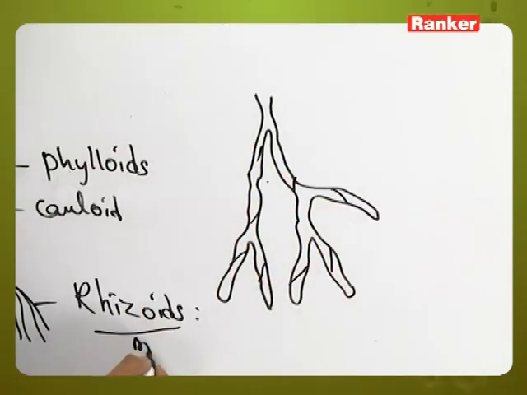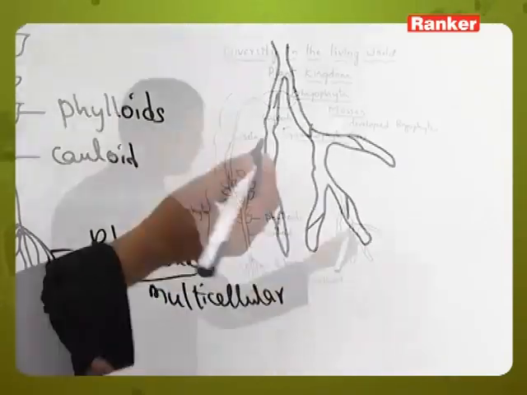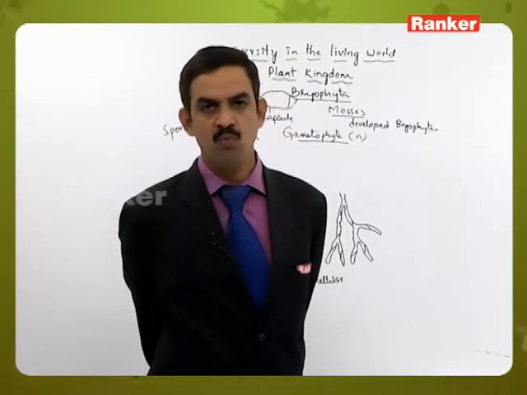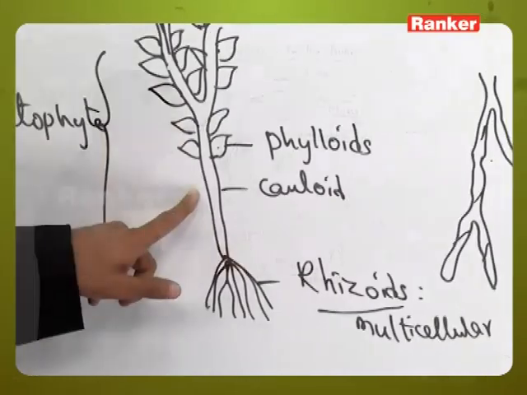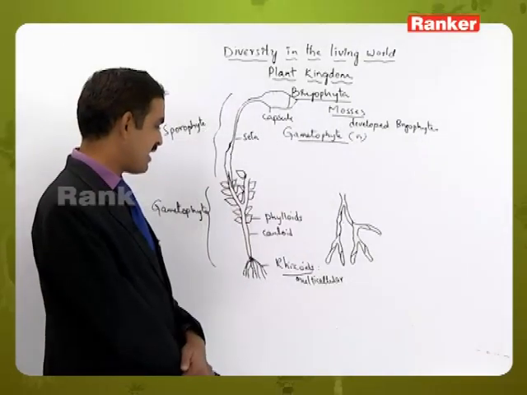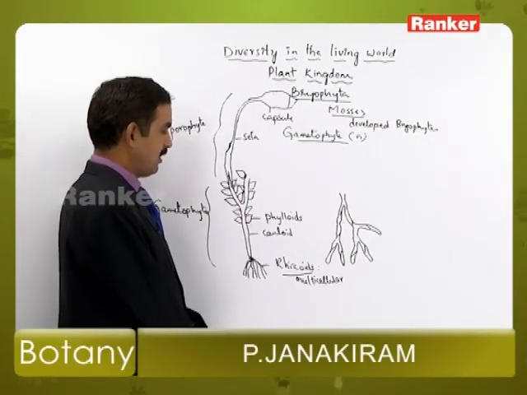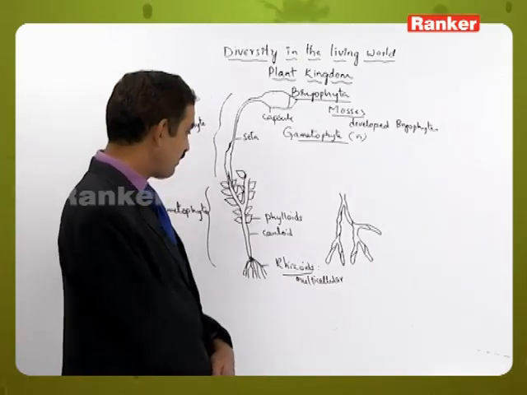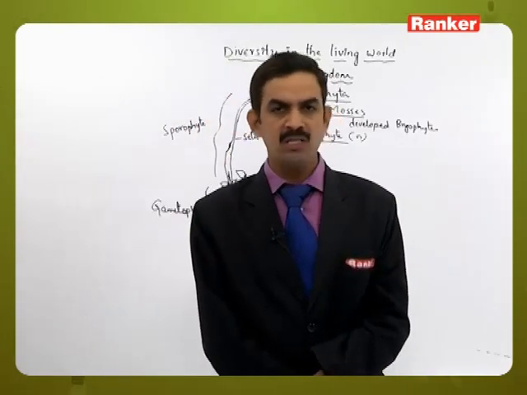That is, rhizoids are multicellular, darkly colored, and useful for absorption of nutrients and water required by the plants. Then generally the cauloid will be aerial and green in color, which produces branches and leaves. The leaves are called phylloids, and these are green and photosynthetic in their function. The arrangement of phylloids is also in a specific manner with a specific type of phyllotaxy.